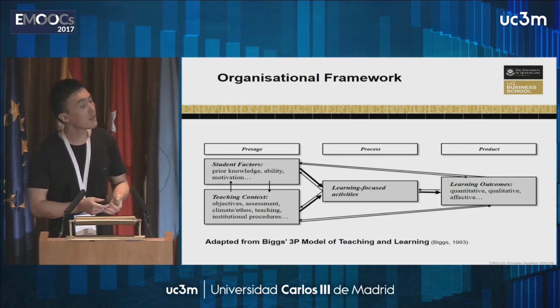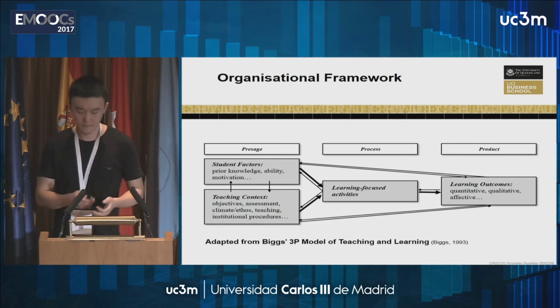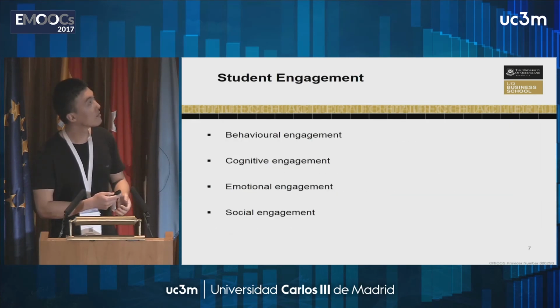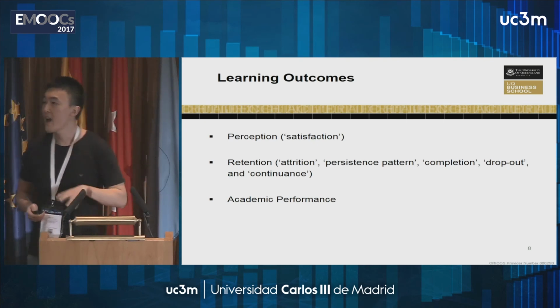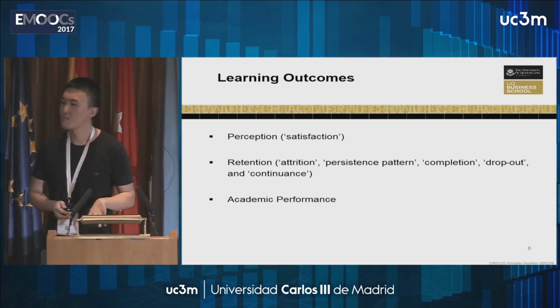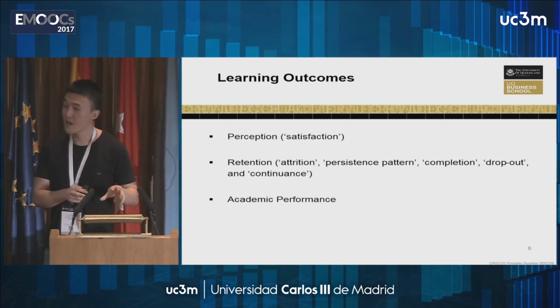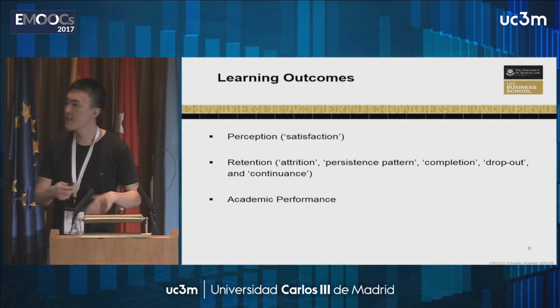For learning outcomes, we found that student academic performance is very heavily researched, and a lot of MOOC researchers use students' academic performance as a sole proxy for their learning outcome. But we suggest that we use different indicators for learning outcomes. Thank you. I hope that answers your question.